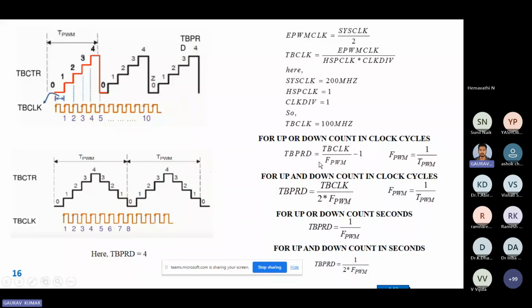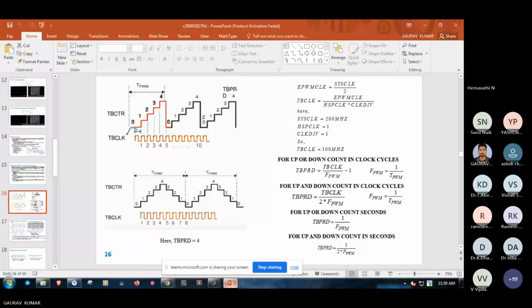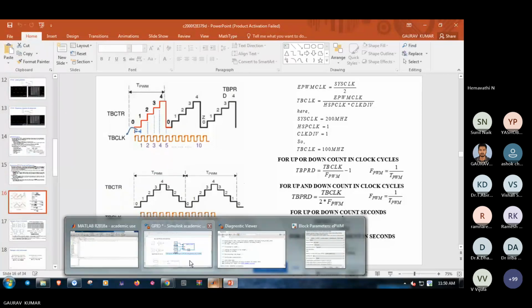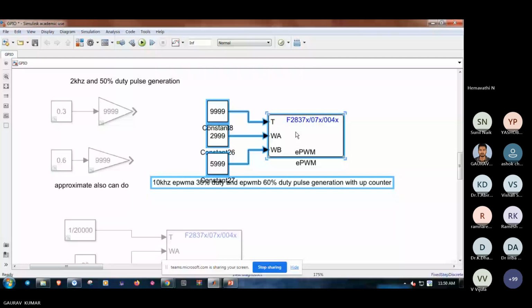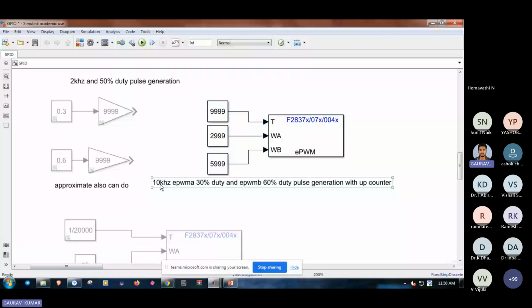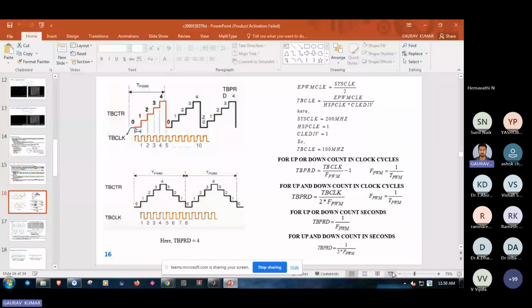Okay, so here you see we have a 10 kilohertz PWM pulse. So for 10 kilohertz, how can we find it? So go to the formula for 10 kilohertz.